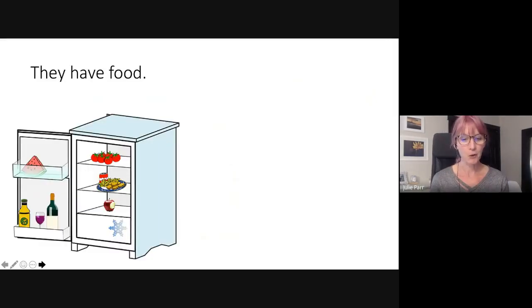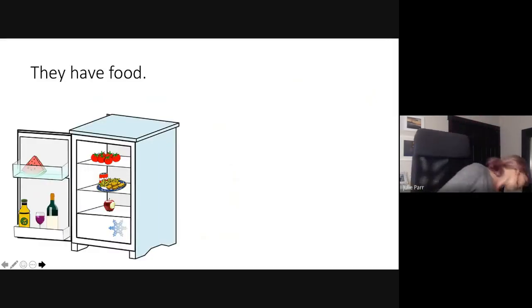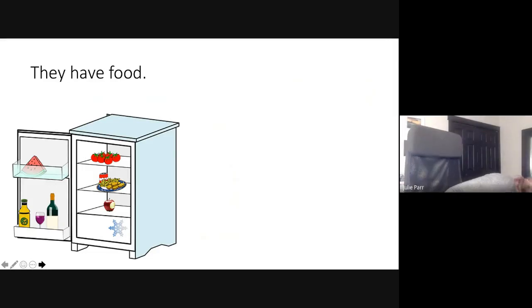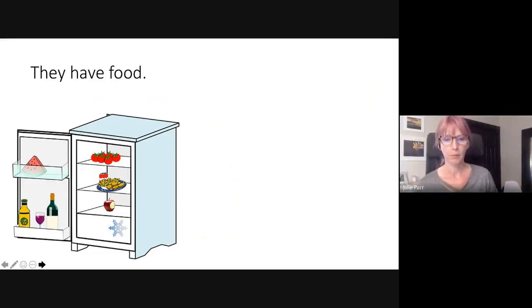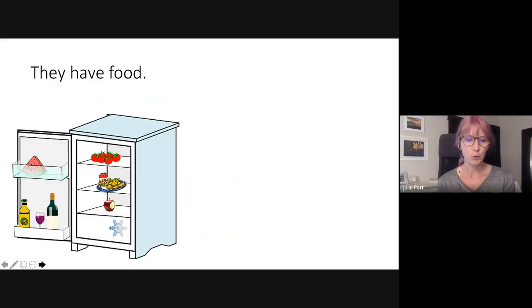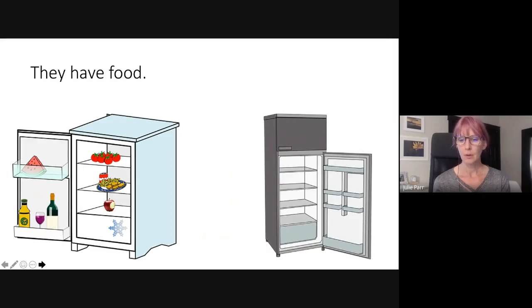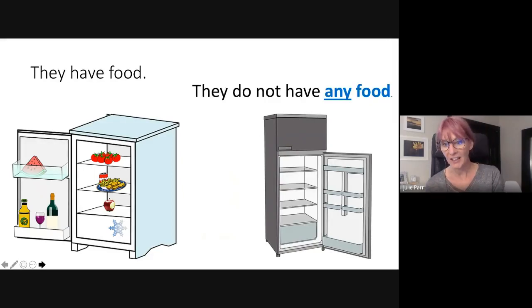They have food. Watermelon, tomatoes, a few tomatoes, one apple, some snacks, some wine. Okay, they have food. Now, they do not have any food.